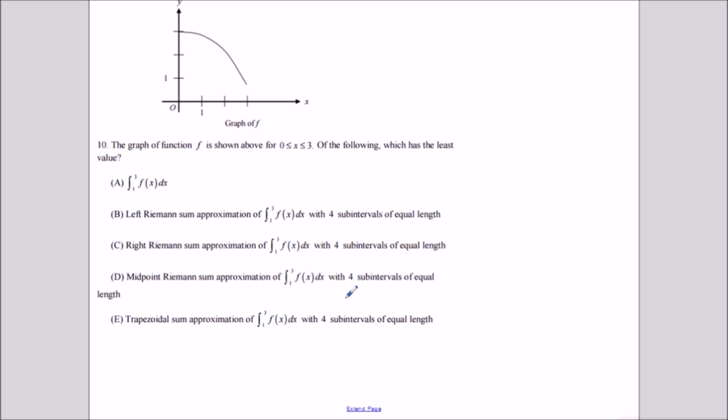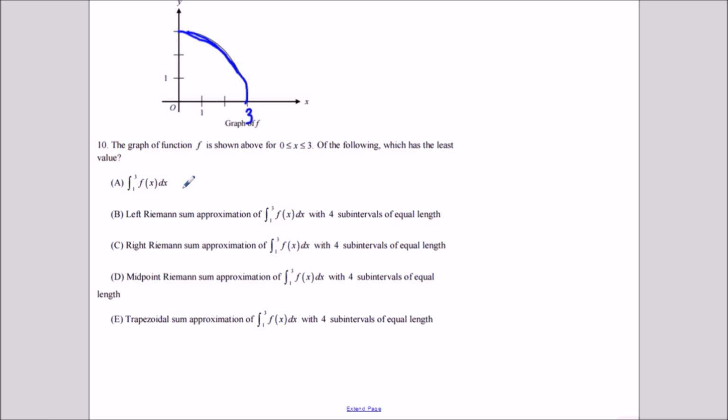Okay, now this question here, for question 10, we have the graph of the function f shown from 0 to 3. And we want to know which of these has the least value. So choice A represents the full area under the curve. So if we look at the full area under the curve here, it's this section here.